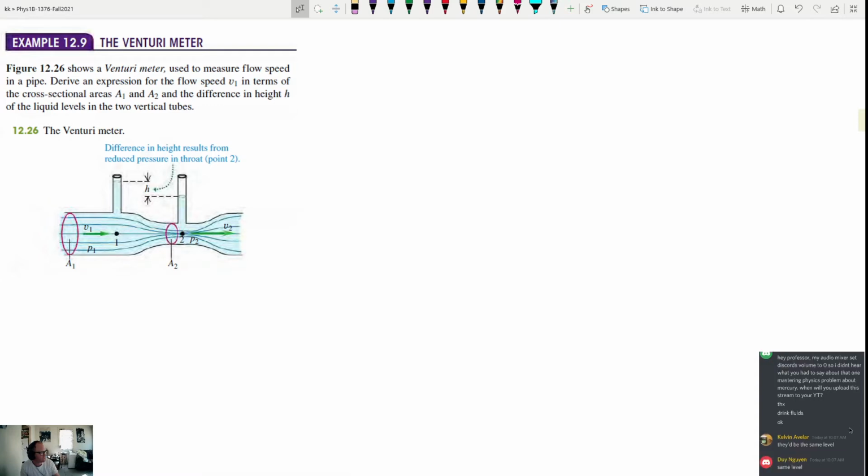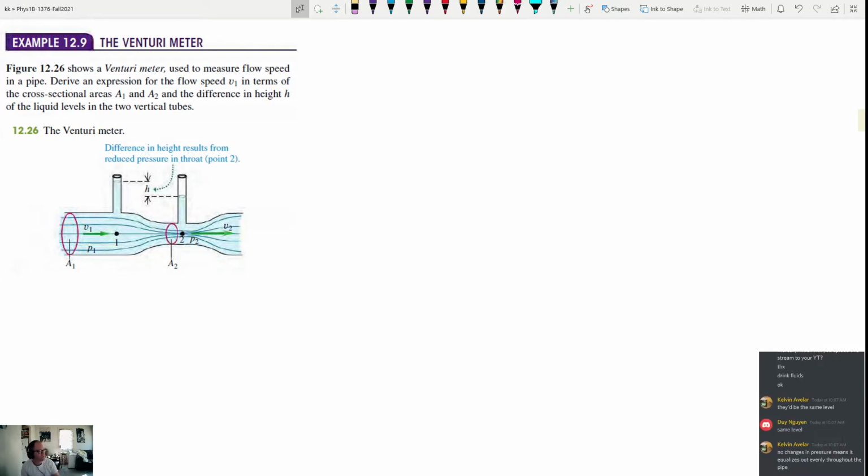And how do you know that? Same level. So everyone seems to agree. How do you know that they would be at the same level?